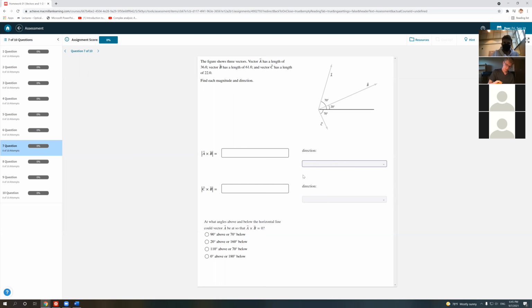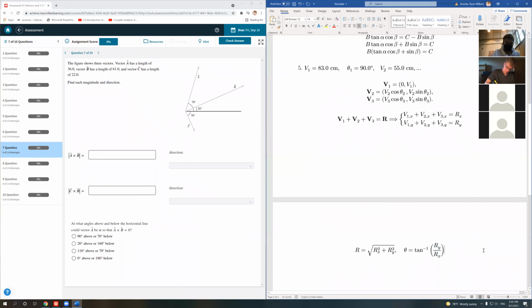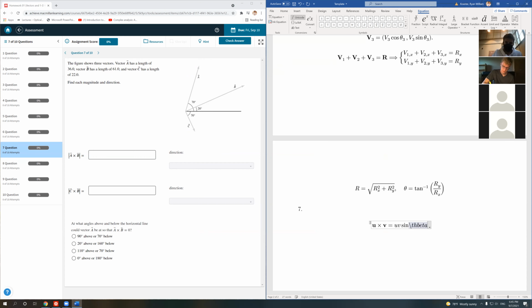Thank you. Cool. I don't know how the cross product is given to you in terms of a formula, but I would write something like this. For two vectors, let's call them U and V, U cross V is UV sine theta, and then n hat.